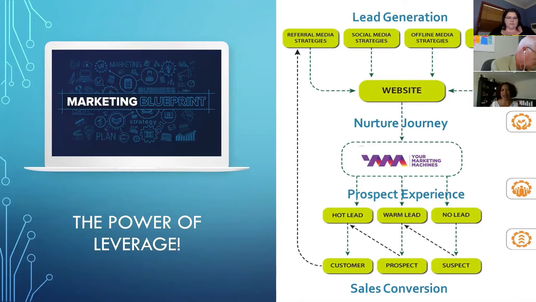And what we're looking at here is assets inside your business that are marketable and can provide leverageability for your business. Now, inside the marketing blueprint, what are we talking about here? 4 key simple steps. Yep, marketing is as simple as 4 simple steps: lead generation, nurture journey, prospect experience, and sales conversion.